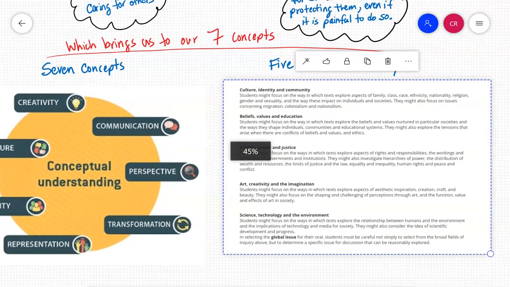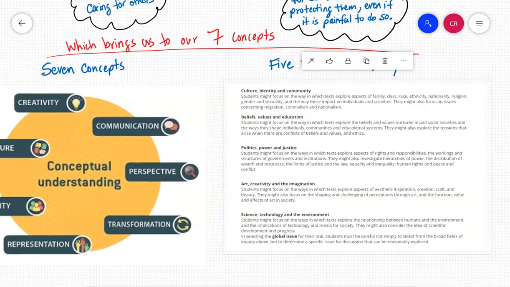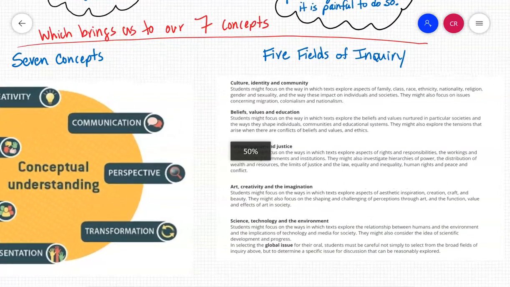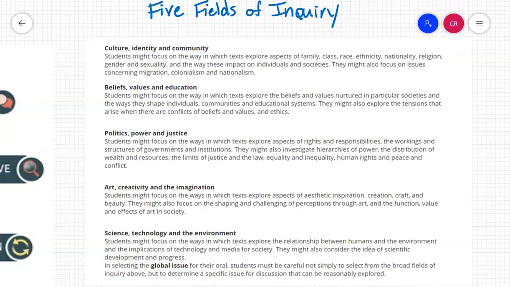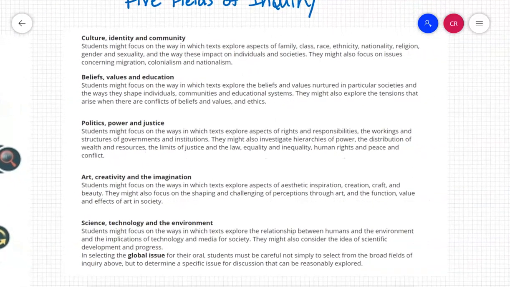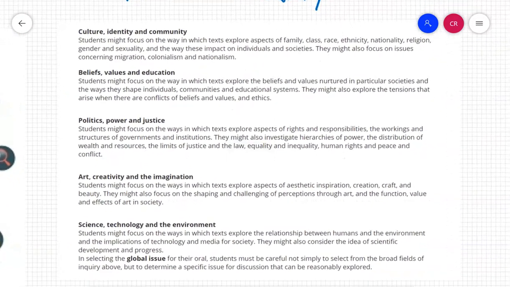So when you are asking yourself a question about what you've written, we want you to consider these 5 fields of inquiry. And these 5 fields of inquiry are what's connected to that highlighted word earlier, something.